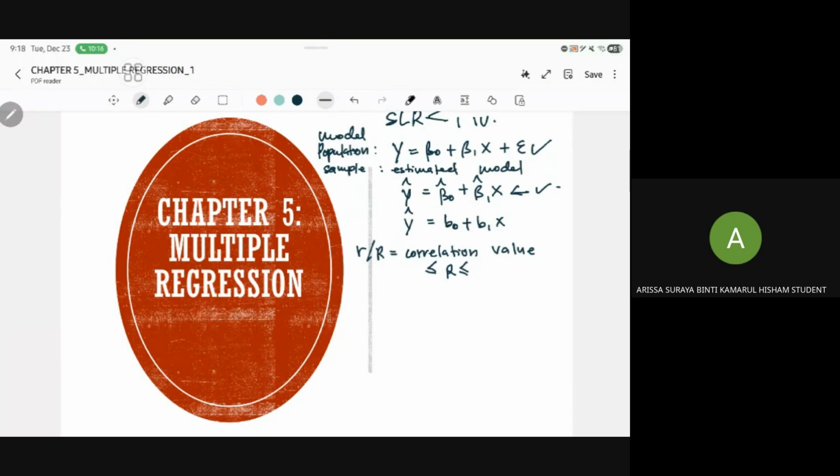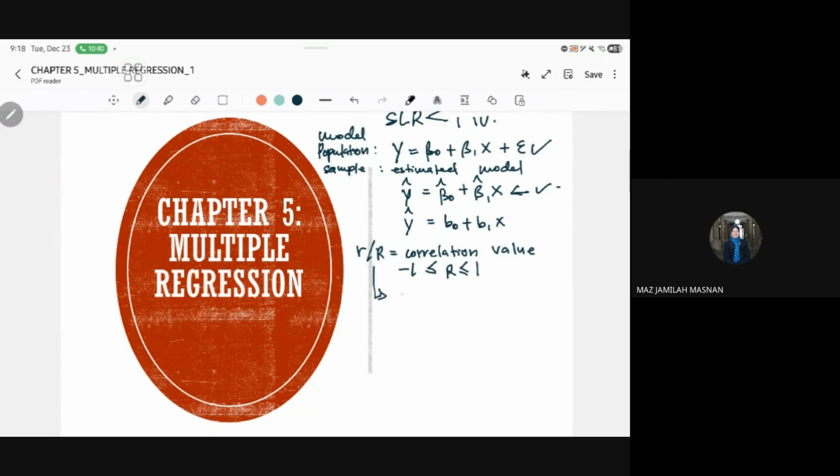-1. Yes, -1, and the maximum value can be? 1. Yes, +1 or 1. So the middle is 0. So what does -1 mean? Strong. So if you can still remember, what does this value tell you?